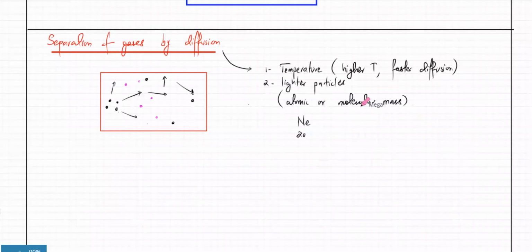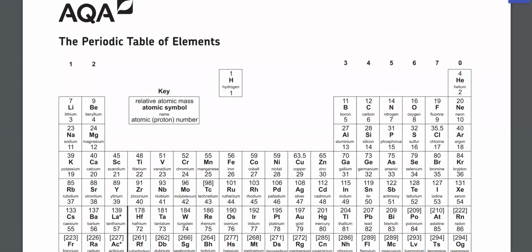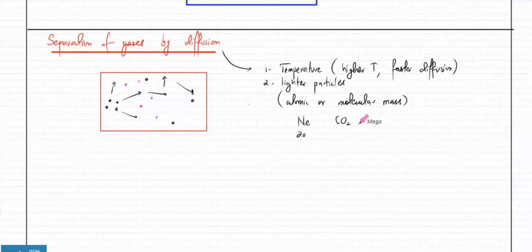Similarly, let's say you've got carbon dioxide gas. That means the molecule has one carbon and two oxygen. Carbon is 12, and oxygen over here is 16, and there are two oxygens. So the mass would be 12 plus 16 times 2, because you've got two oxygens, and this comes out to be equal to 44.